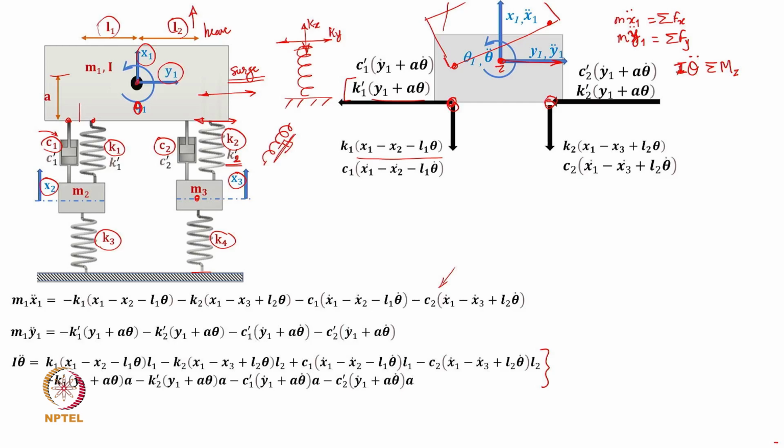Because of that tilt motion, this is the net stretch in the spring, multiplied by the spring constant gives the force. Similar force will be generated corresponding to the dashpot velocities, that is y1 dot plus a theta dot. These are all the forces which will get generated. Similar force will be generated here.